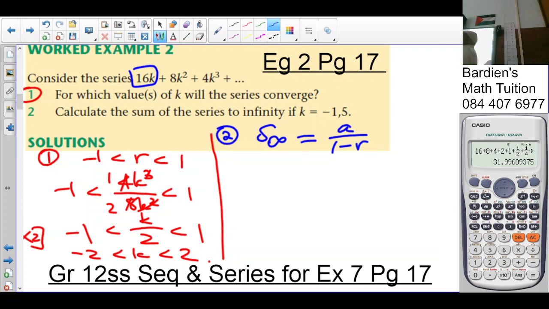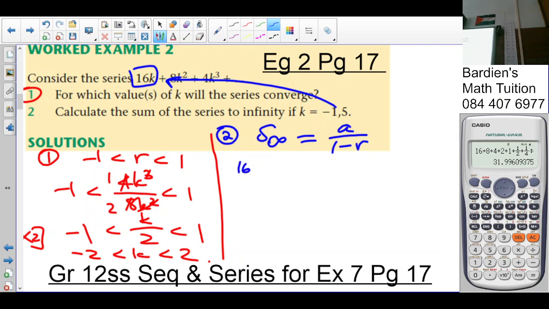I could have put 16k there over 1 minus k over 2 and simplified it, and then substituted negative 1.5 for k in the calculator. You could have done that. But what's going to be easier is to substitute negative 1.5 into k here. So I'm going to put negative 1.5 into the series.